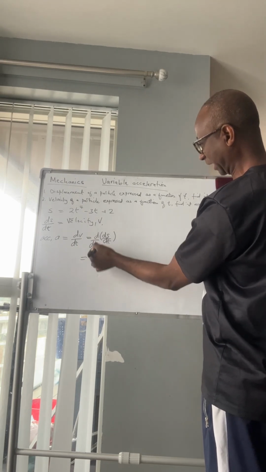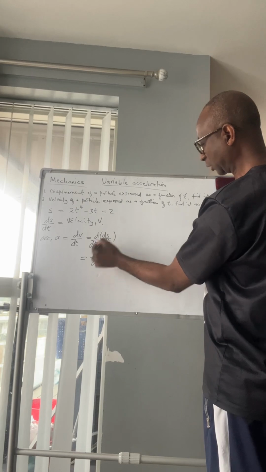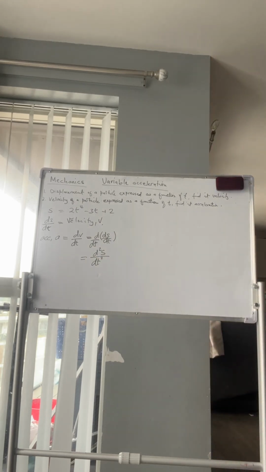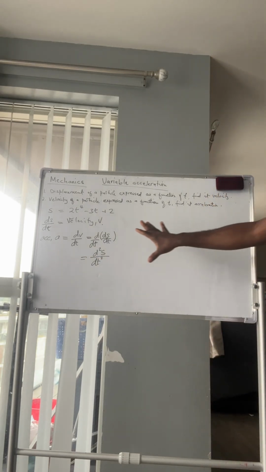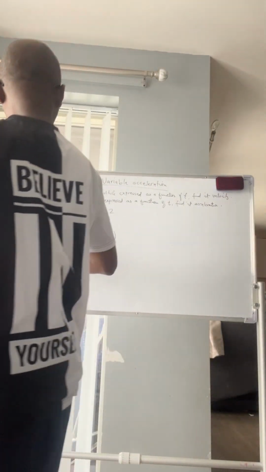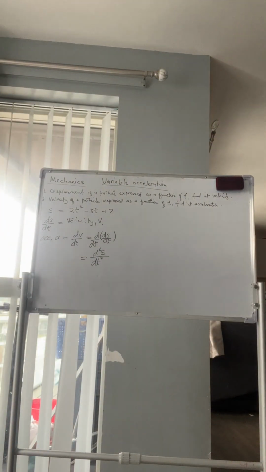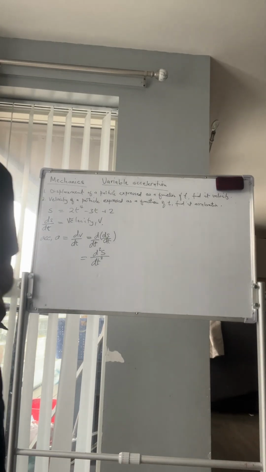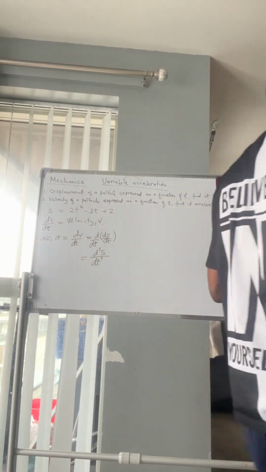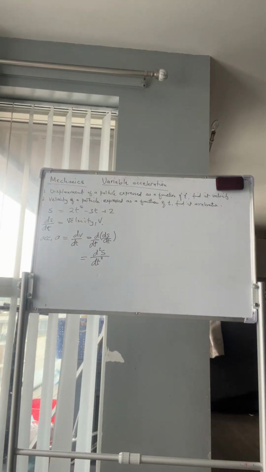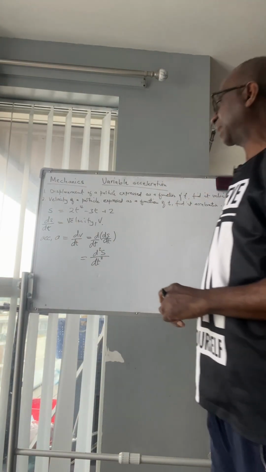That's what we have here. Here it is only d that is being squared. So this is how we define velocity and acceleration from the displacement of a particle when it is expressed as a function of t, or a function of time.